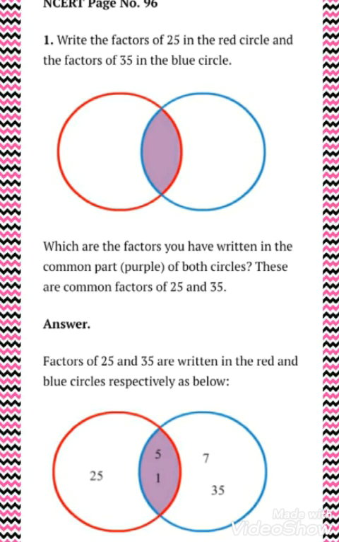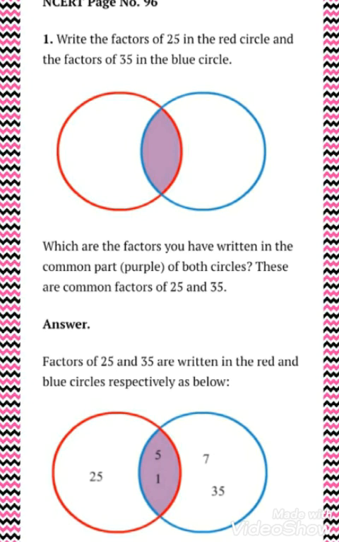Now let's see the answer. Factors of 25 and 35 are written in the red and blue circles respectively as below.